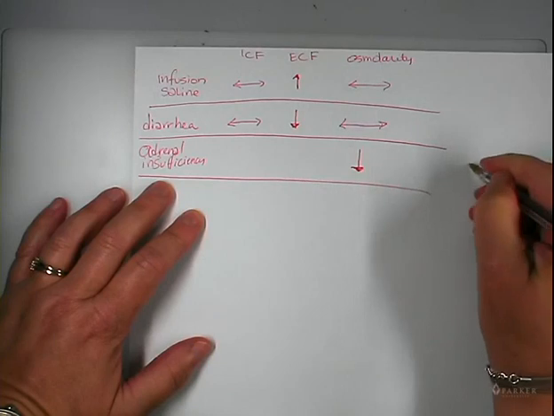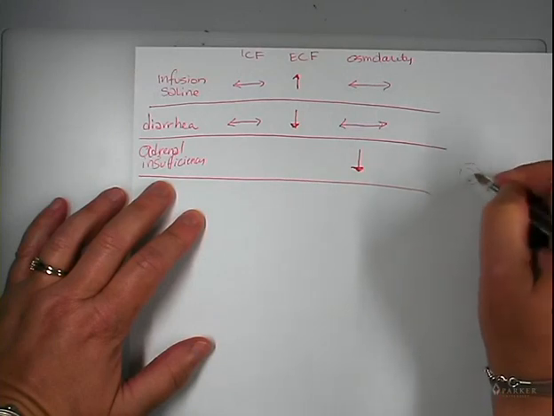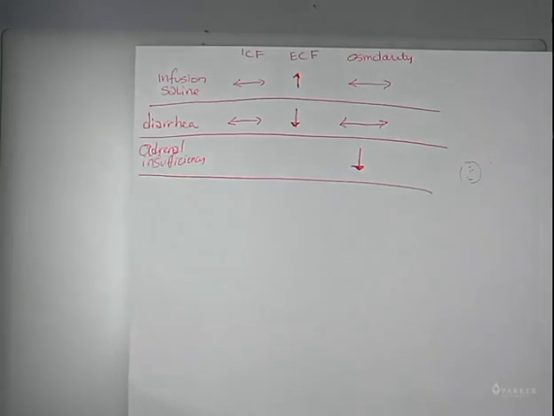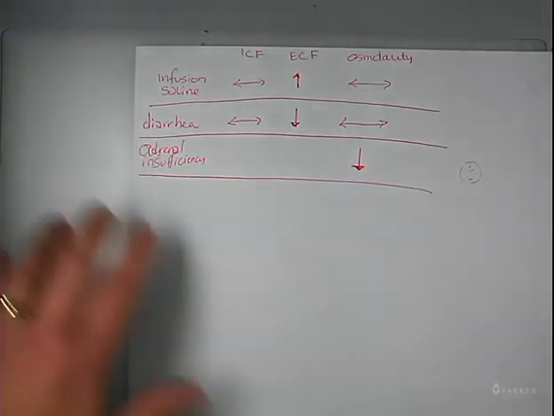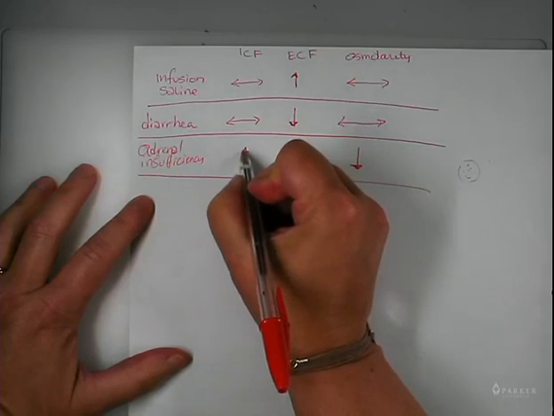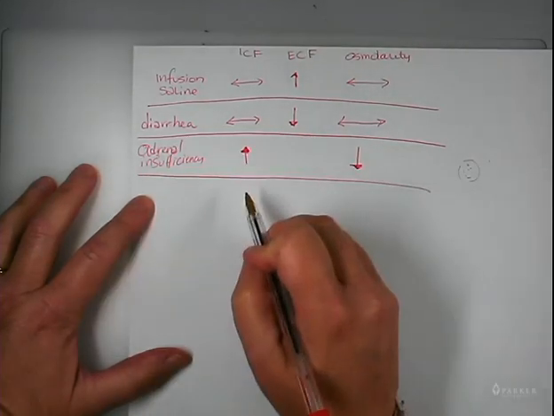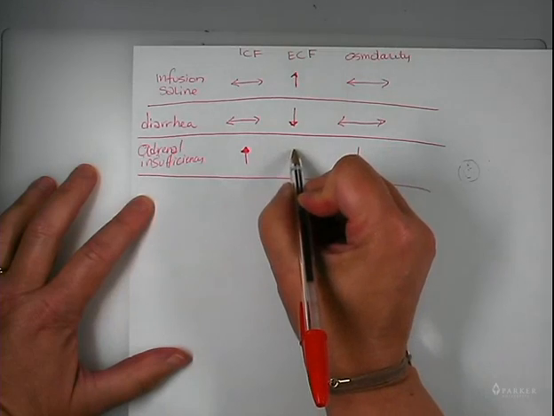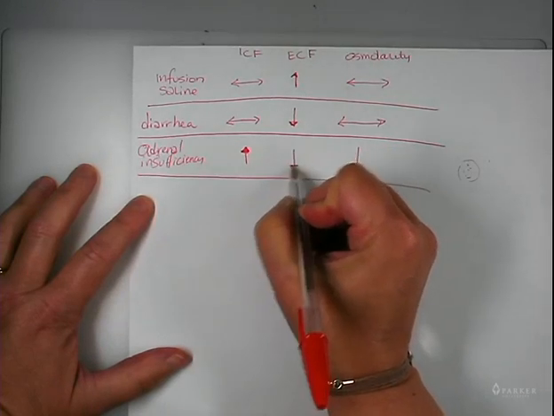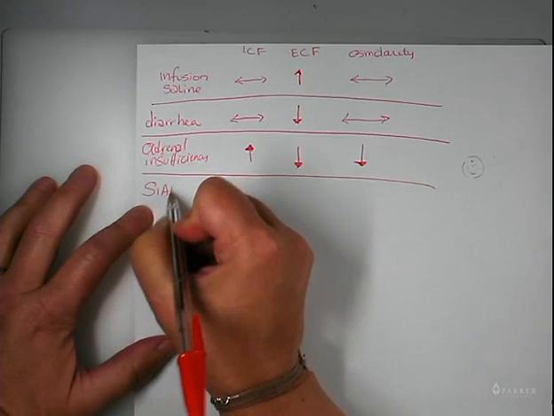Okay, so I'm going to do my little picture again. So it went down. So what happened to the ICF volume? It goes up. What happened to ECF volume? It went down. Then what was the other one? SIADH.